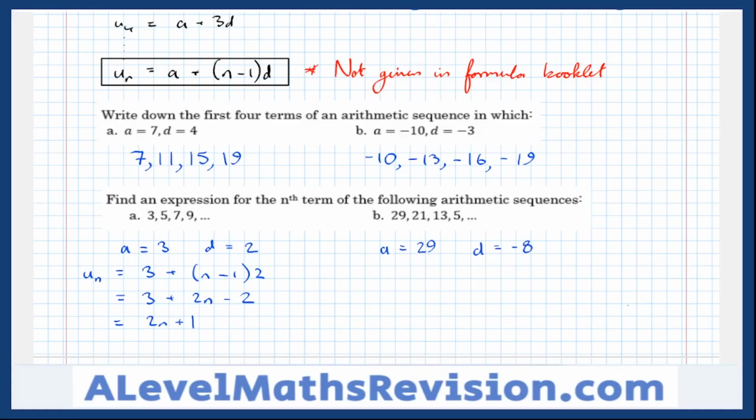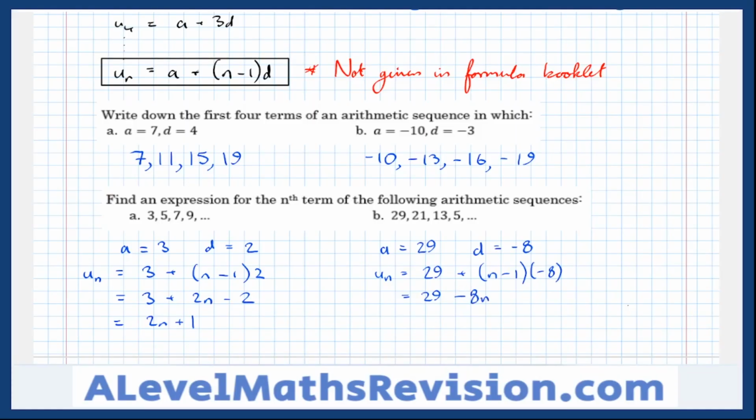So just like we did before, subbing it into the general formula up there, we get the nth term un is a plus n minus 1 times d. A plus n minus 1d, which is equal to 29 plus, and n times minus 8 is minus 8n.